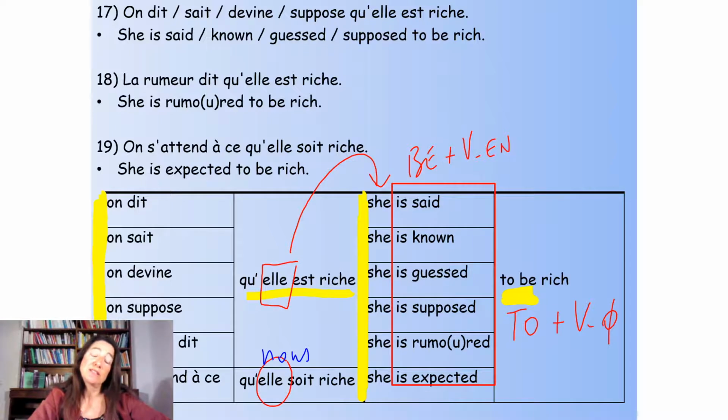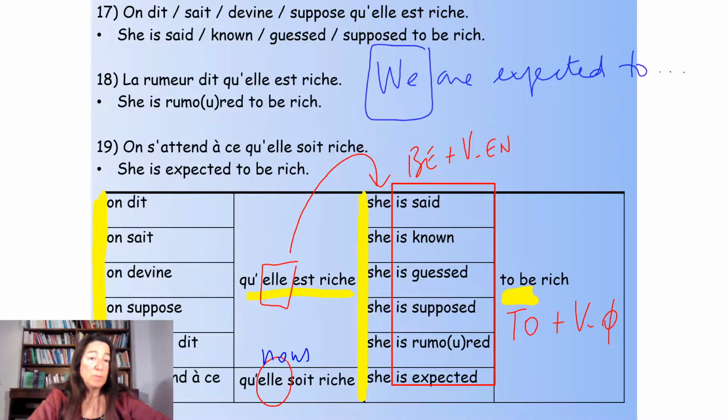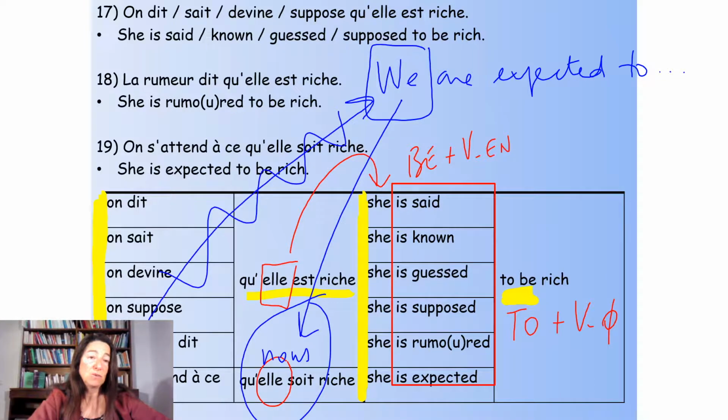And the subject of the passive voice translation will be nous. Therefore, the translation of on s'attend à ce que nous soyons riches would be we are expected to be rich. Okay? And obviously, we here is what corresponds to nous and not to on, which is translated by be plus VN.